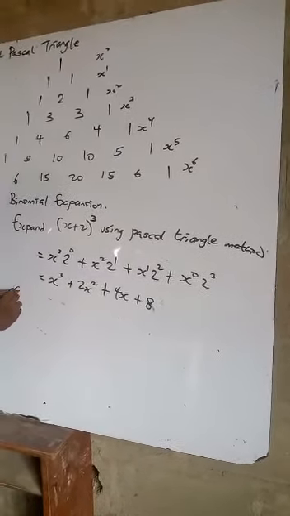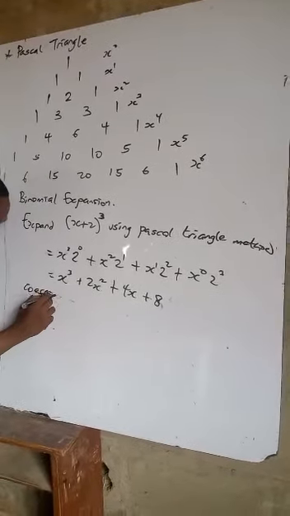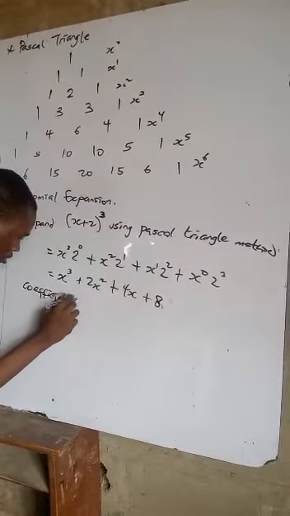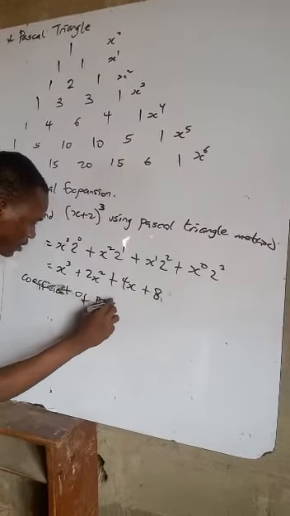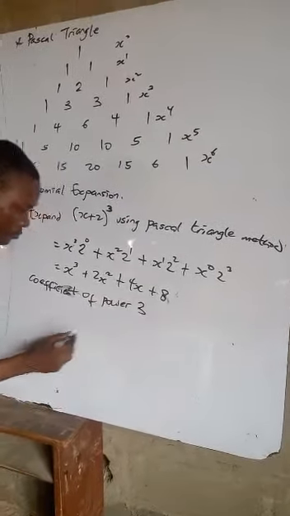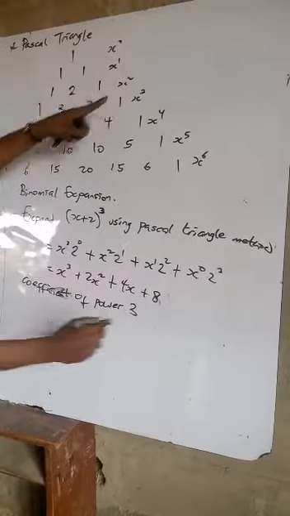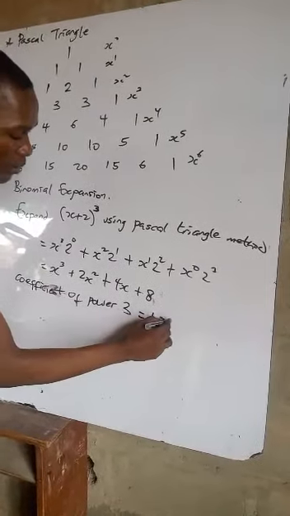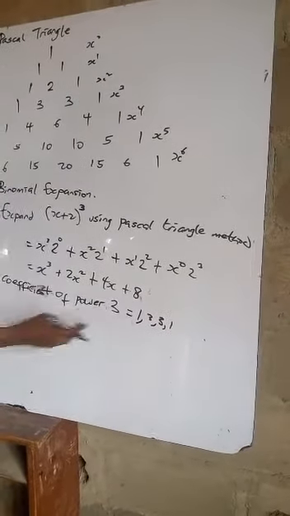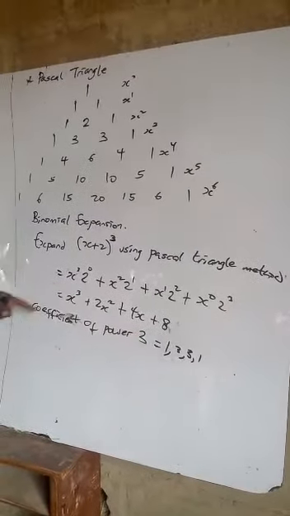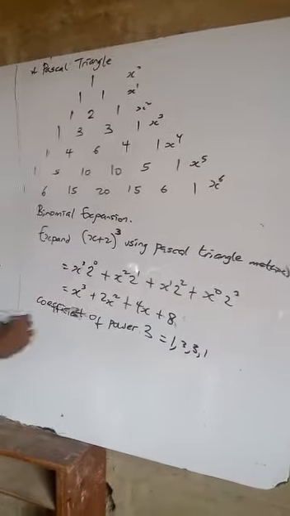But now we need to get the coefficient of power 3. And what is the coefficient of power 3? That is 1, 3, 3, 1. So it means this represents the first term, the second term, the third term, and the fourth term. And what is the first term?